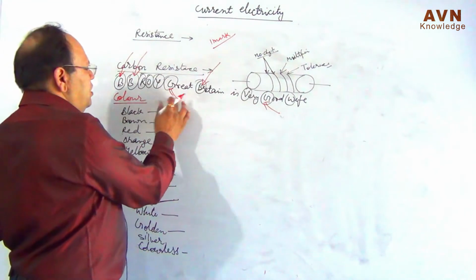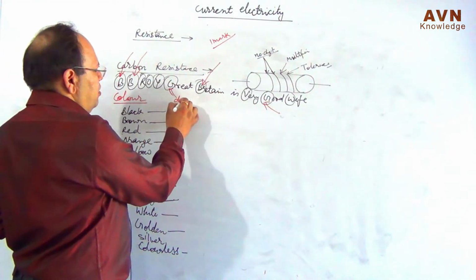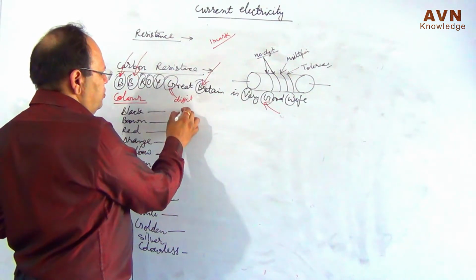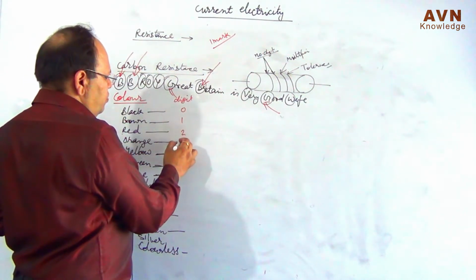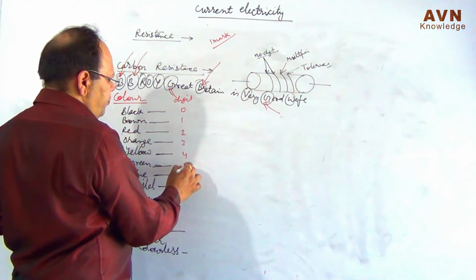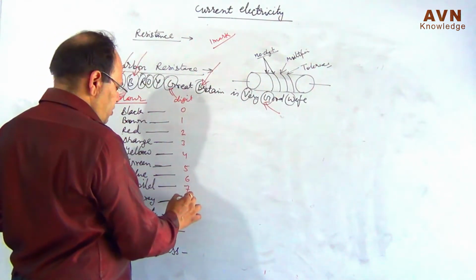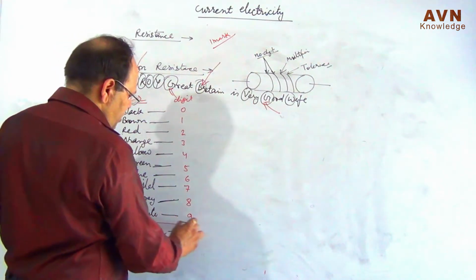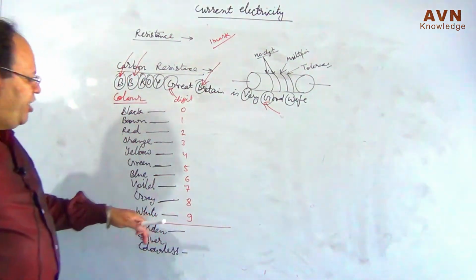So the digits or numbers start from 0, 1, 2, 3, 4, 5, 6, 7, 8 and 9, up to the white color.